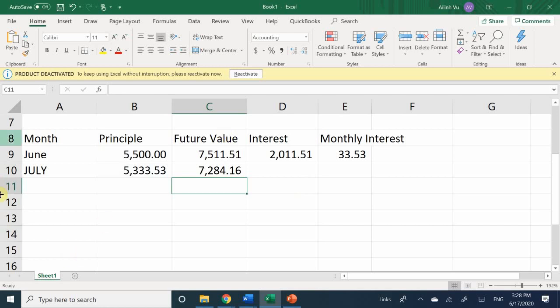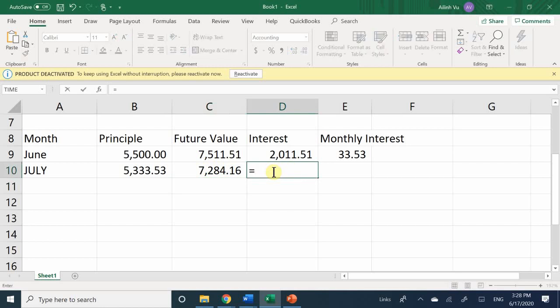Okay, so now my new interest is going to be for 7,284.16, and then now I can take this number, 7284.16, and I'm going to minus my new principal, which is 5333.53.